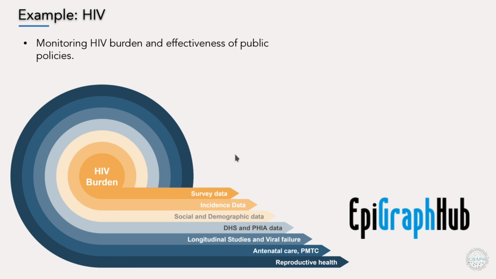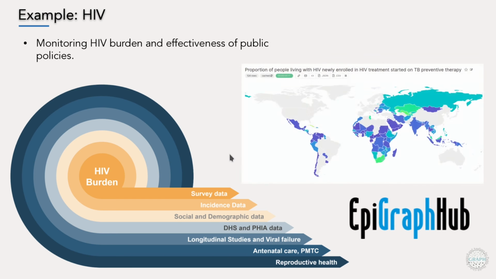So the answer is bring it to EpiGraphHub, and then you have your data analyzed and visualized. This map here is the proportion of people living with HIV newly enrolled in HIV treatment who started on TB preventive therapy. So there you go.